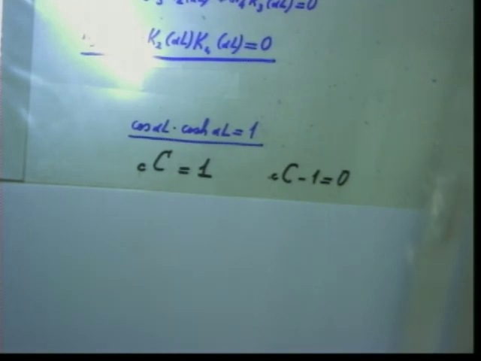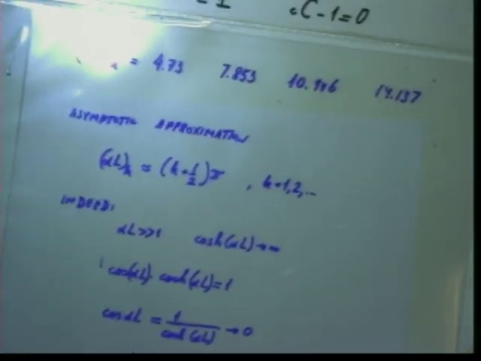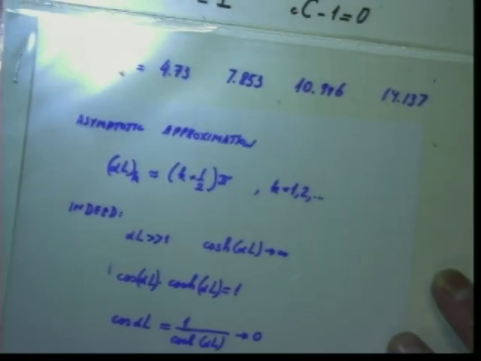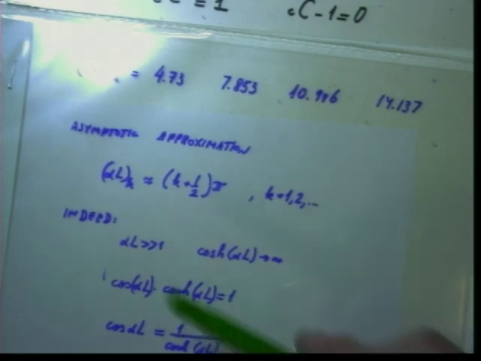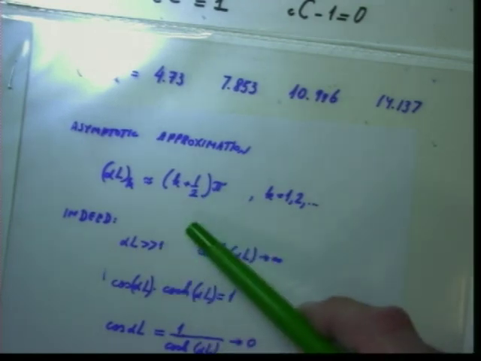This characteristic equation's roots are as follows: 4.73, 7.853, 10.996, 14.137, etc. Or we can also have the asymptotic approximation, which is k plus half pi.